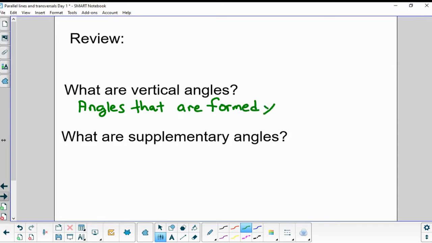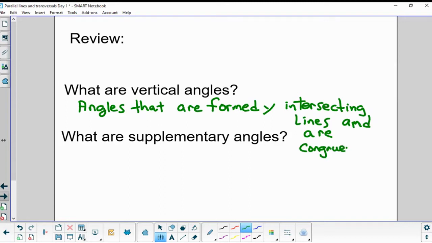And so these angles formed by intersecting lines create a couple of pairs of vertical angles. And it turns out that vertical angles, when you compare them, are congruent. So if you can find a pair of vertical angles, you know that they have the same measure.